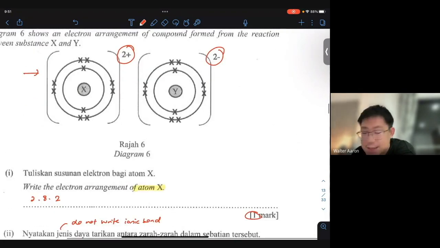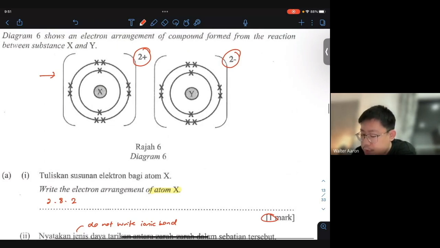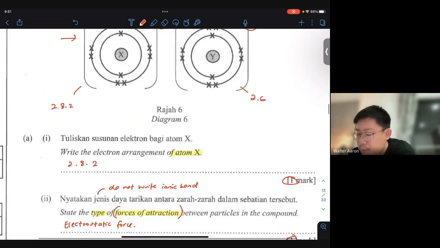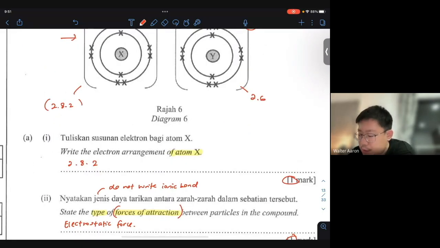Okay, now let's analyze a little bit. This one originally 2, 8, 2. This one originally 2, 6. Do you see that? So if you think about it, this one total has 12 electrons, and this one has 6 electrons. If you refer this to the periodic table, it will have 12 protons, and this will have 6 protons.